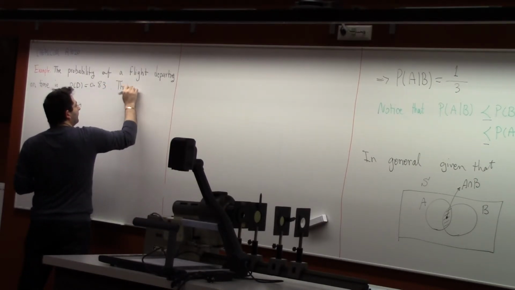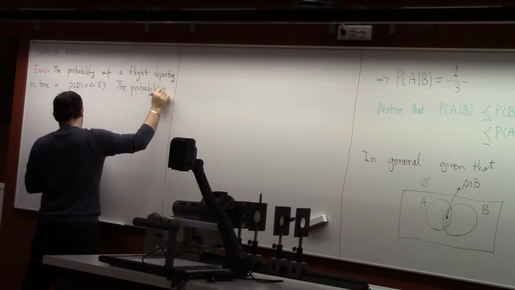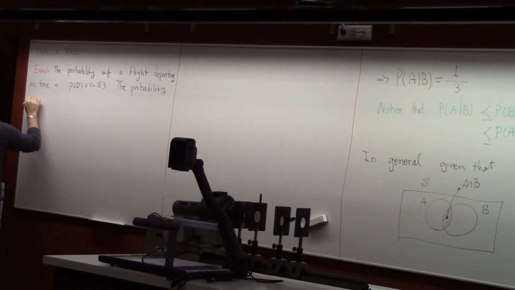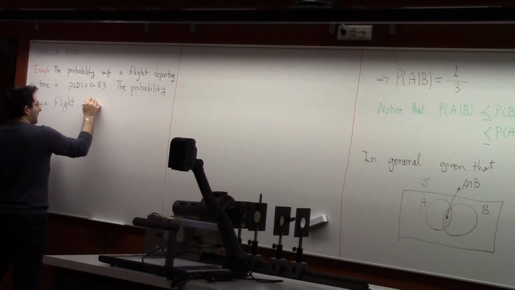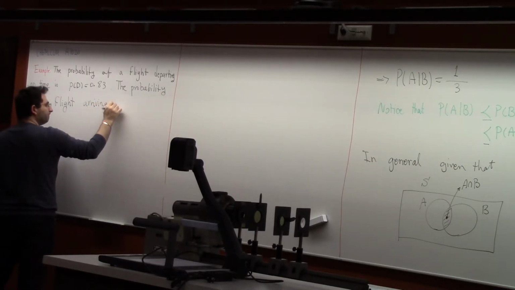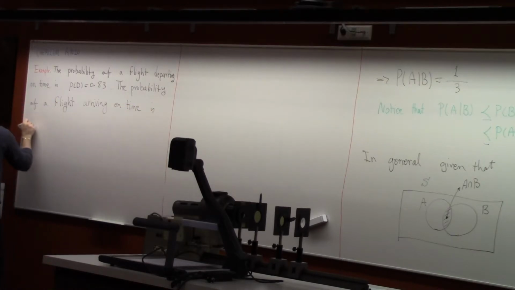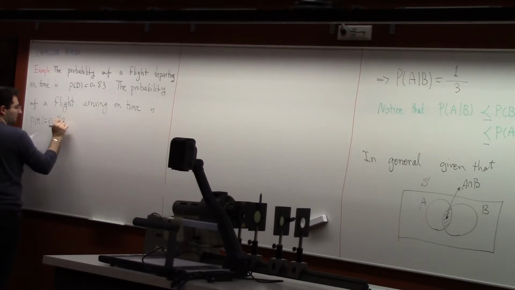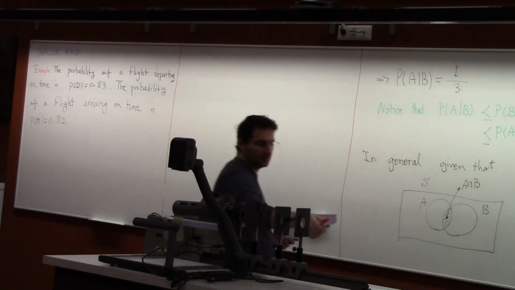The probability of a flight arriving on time is probability of A, and this is 0.82.